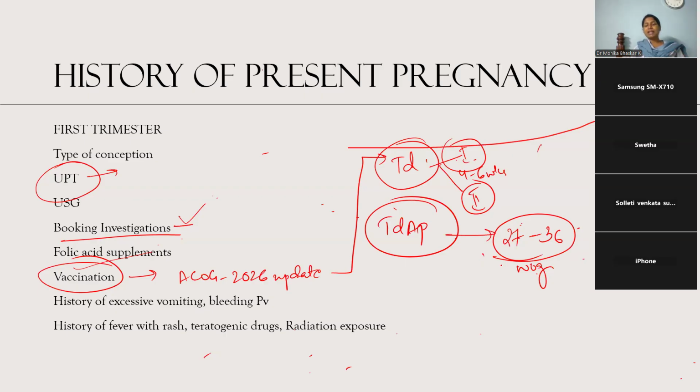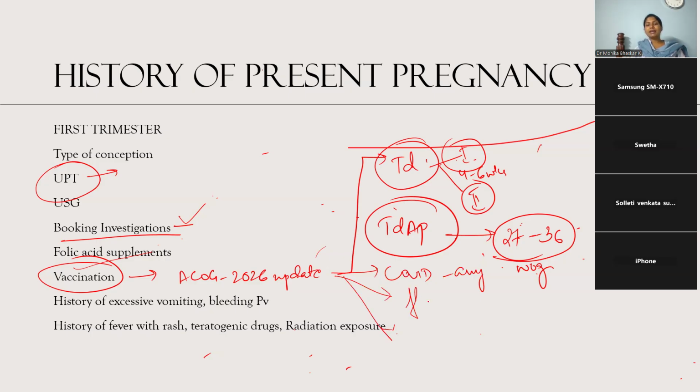So what are the other updates according to ACOG? Along with Tdap and TD, they also emphasize giving the COVID vaccine in any trimester, at least once, for prevention of COVID infection, and it is safe in pregnancy.